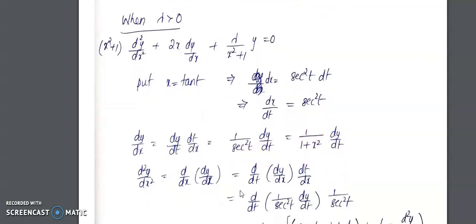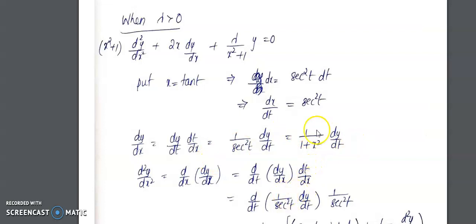Now let us look at the second derivative. So d square y by dx square. So by definition that is d by dx of dy by dx. Dy by dx will be a function of t. By chain rule, this will be equal to d by dt of dy by dx into dt by dx.